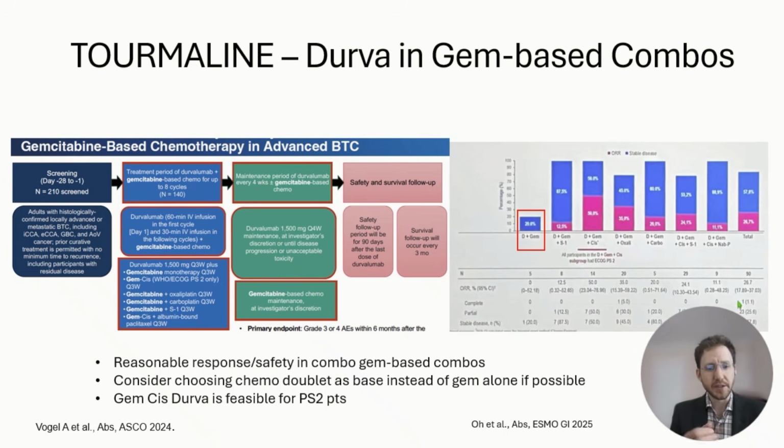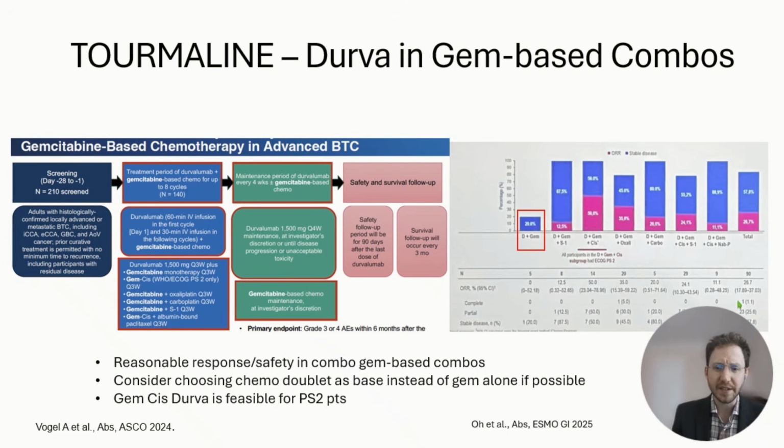And what the most recent presented data at ESMO GI 2025 was showing is that the addition of durvalumab had reasonable response and safety signals in combination with other gem-based chemotherapy regimens. GemCis durva was feasible for performance status 2 patients, and although these weren't necessarily powered to compare to each other, the primary outcome was for safety.